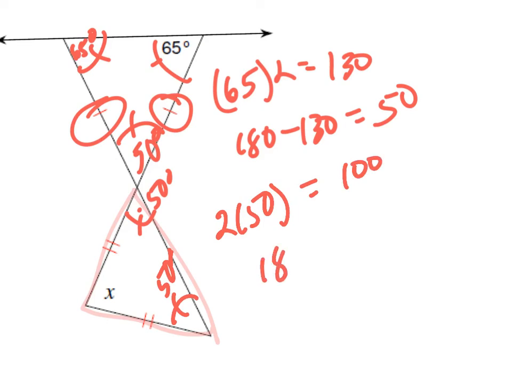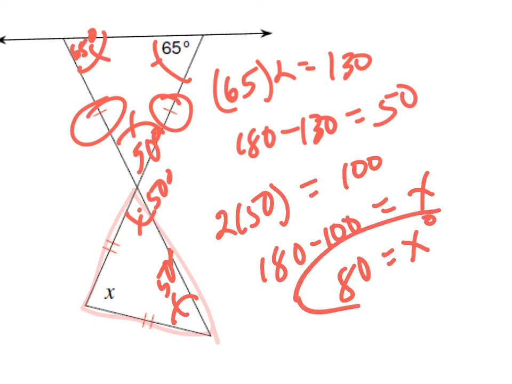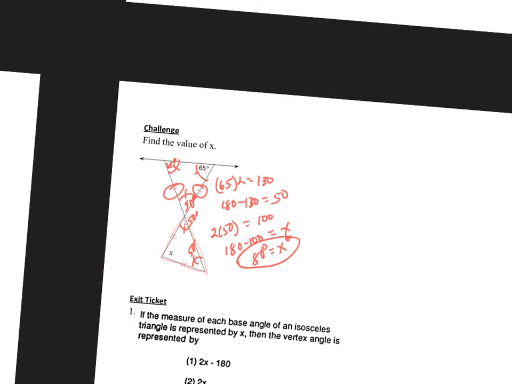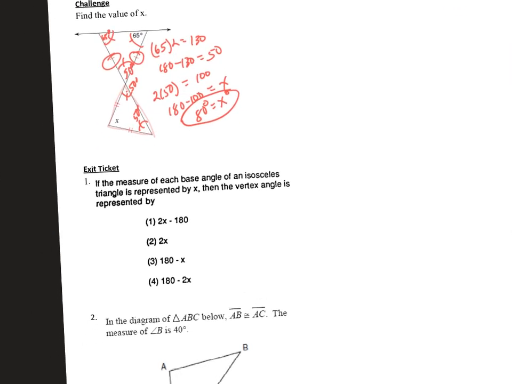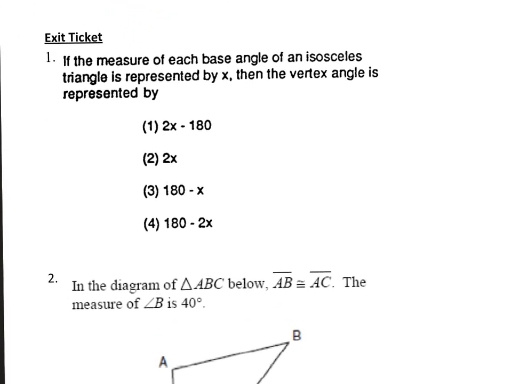So 180 minus 100 is going to give us this value for x, right? So this is going to be 80 degrees for x, right? There we go. So we just needed to use a little bit more information about vertical angles, right?